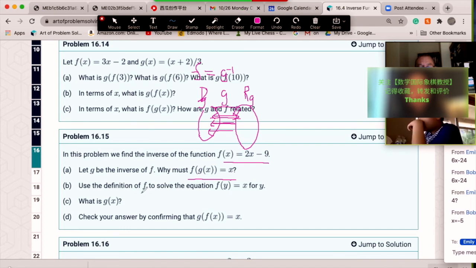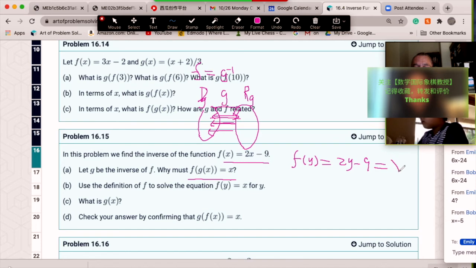So use the definition of f to solve the equation f(y) equals x for y. That means you do this. You use y to replace x. You get f(y) equals 2y minus 9, right?